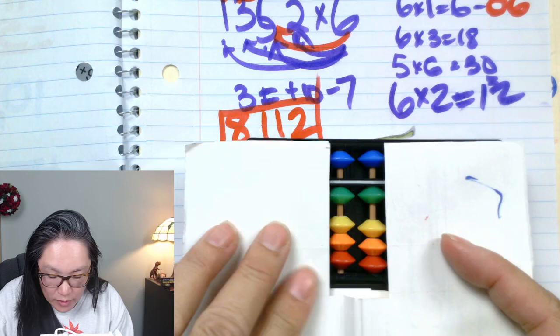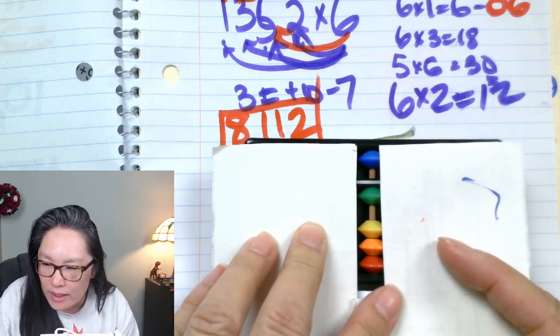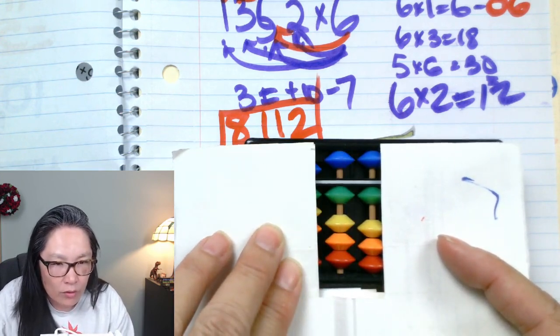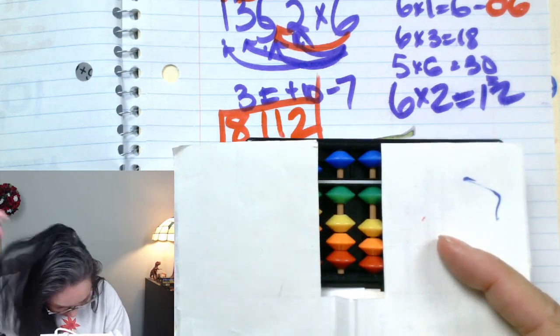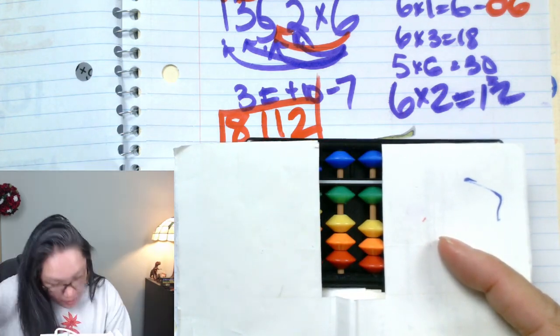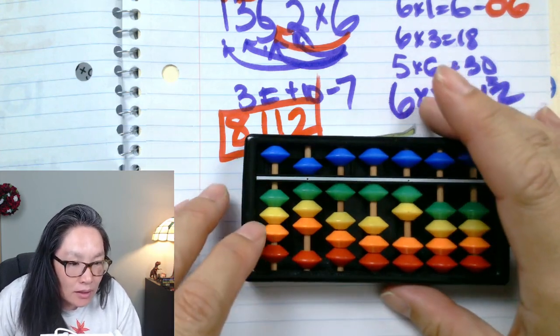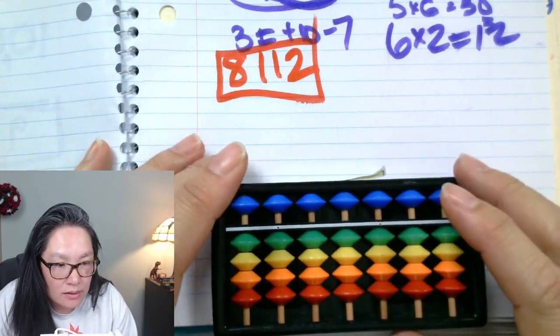When we take away, it's like carrying the one and borrowing. We always carry the one or we borrow from the left digit, which happens to be position agnostic. We can do negatives, but it doesn't make sense, if that makes sense.